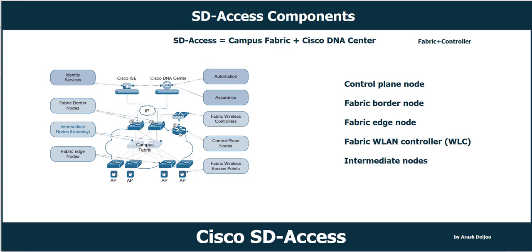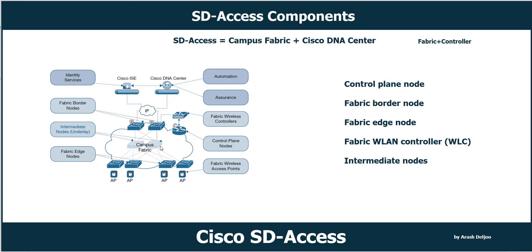And also, if you remember, I explained about the PITR for communicating with external networks. Again, here we have a similar role, the border or fabric border node. The fabric border node is the role that we can use to communicate with external networks. I will explain it again, don't worry.